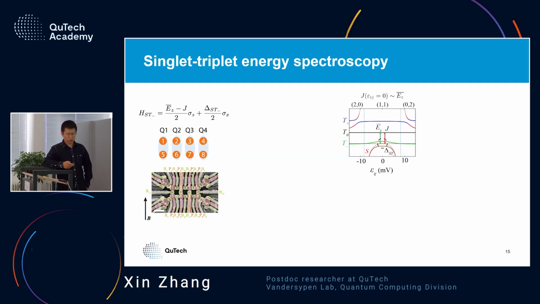What we can use is the Z term in this Hamiltonian. If you increase the Z term by increasing the exchange coupling, and the two terms are equal, you are rotating the qubit along an axis that has an angle of 45 degrees with respect to the x-axis and the z-axis.